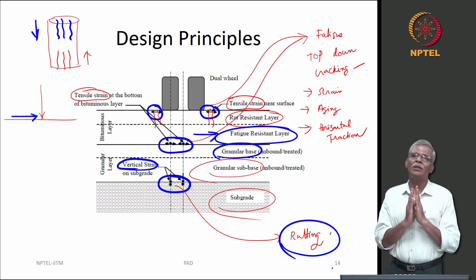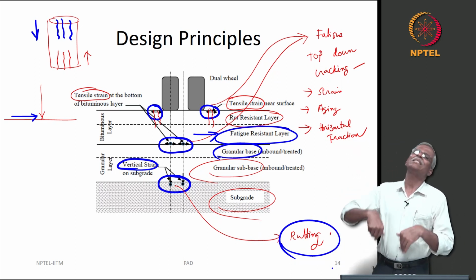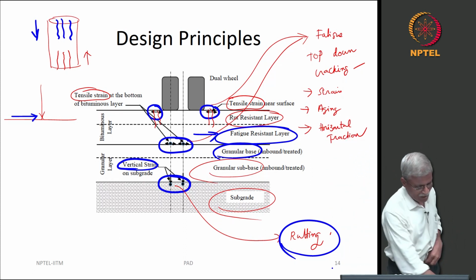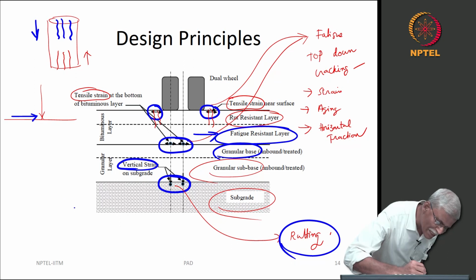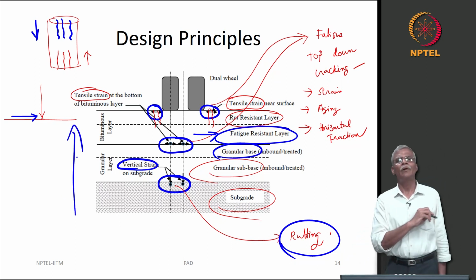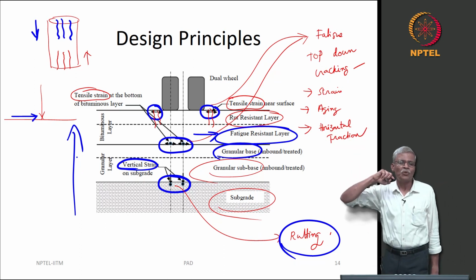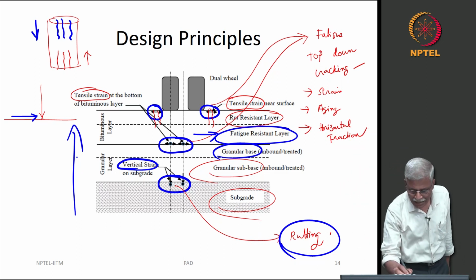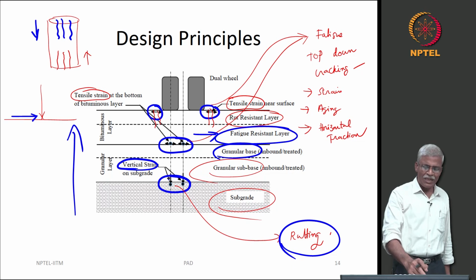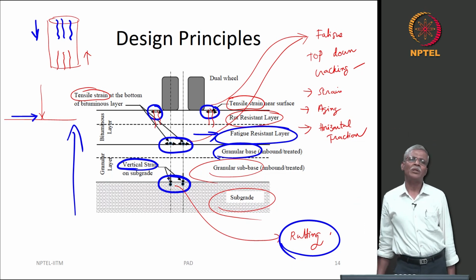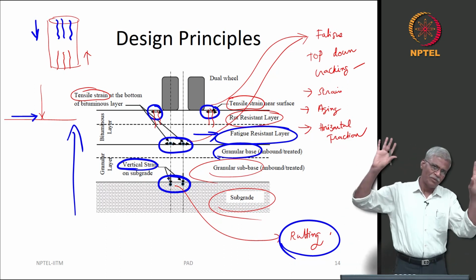If you limit that value, it is assumed that the individual layers are also protected, because our assumption when we did the layer theory is that the modulus values keep increasing. So, if I could limit the strain here, the strains that are going to be seen on the higher layers may not be that substantial, fair enough.